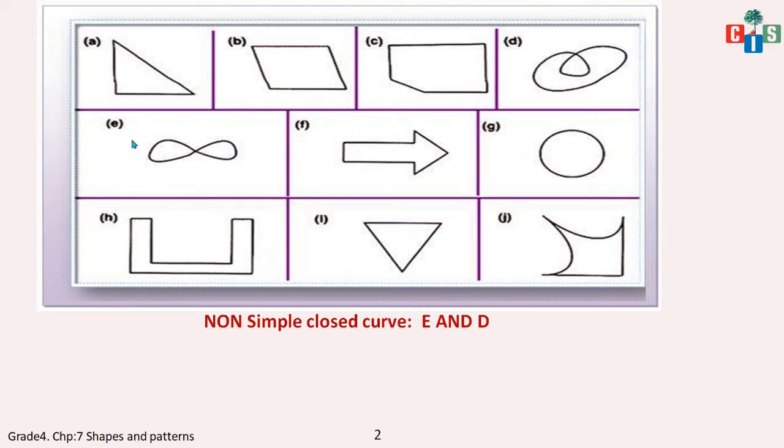See the figures E and D. They are non-simple closed curves. So there is a crisscrossing. And the rest of all the figures are simple closed curves.